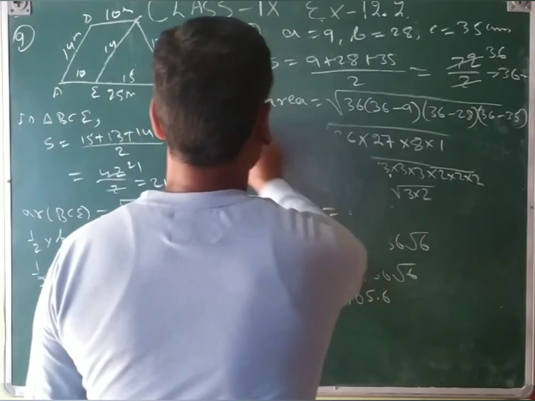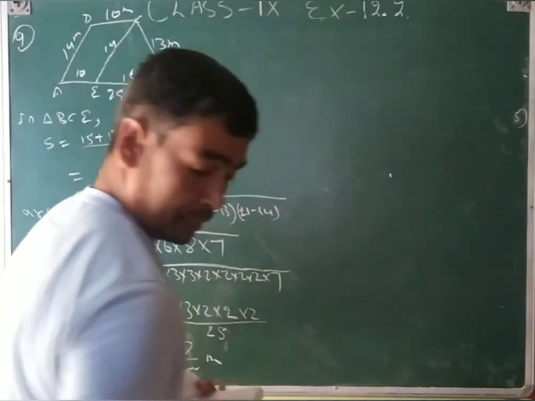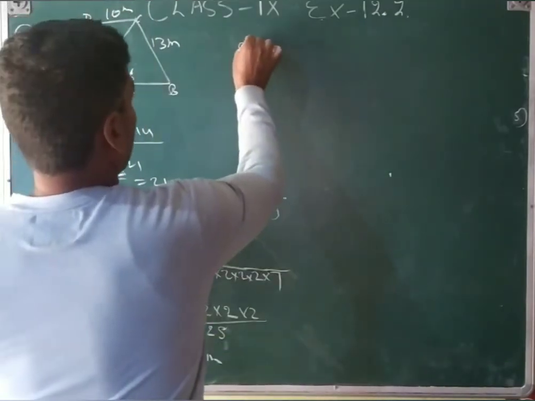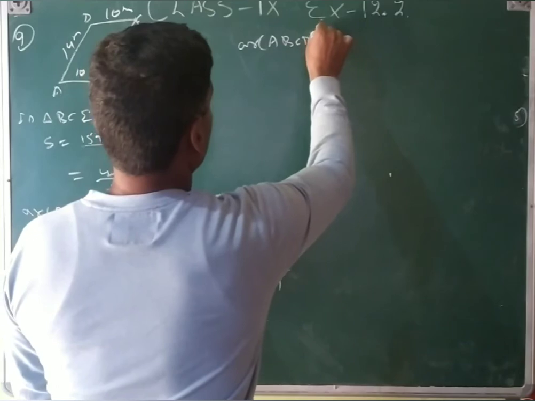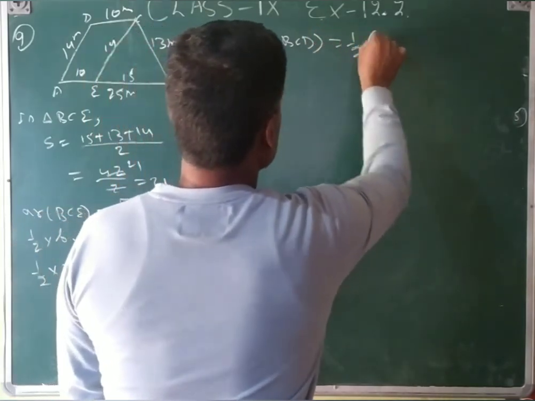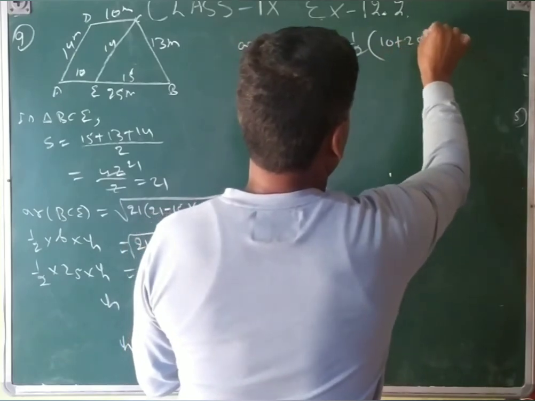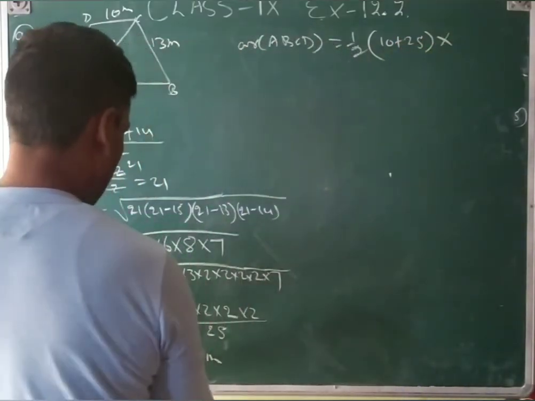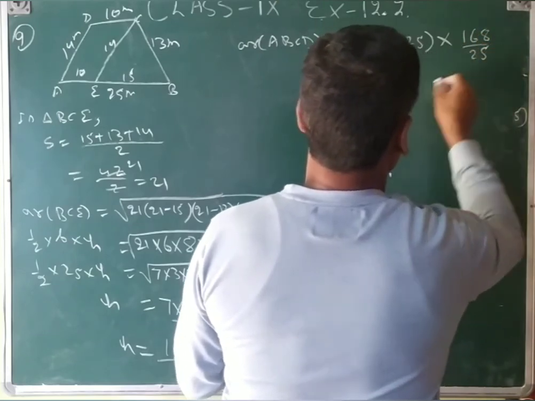Now we will find the area of the trapezium, area of A, B, C, D. That will be 1/2 sum of parallel sides 10 plus 25 into height, the height we have found, 168 upon 25.